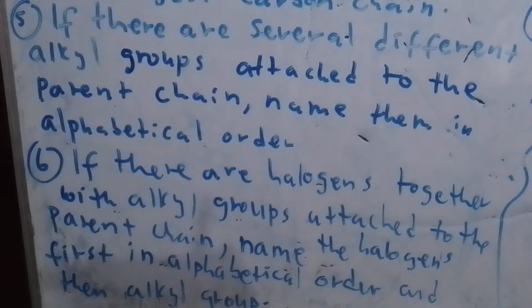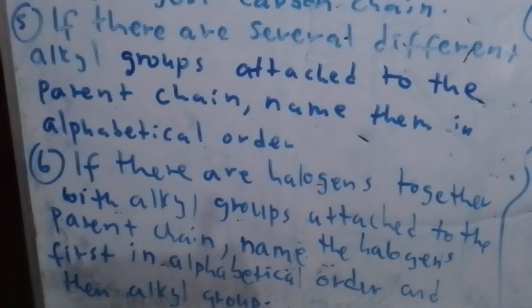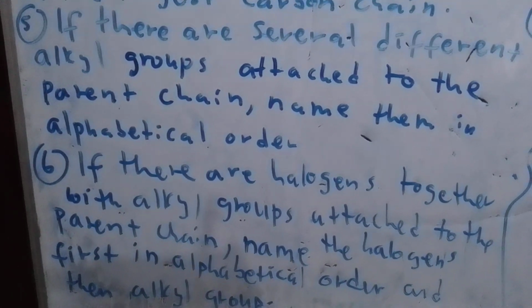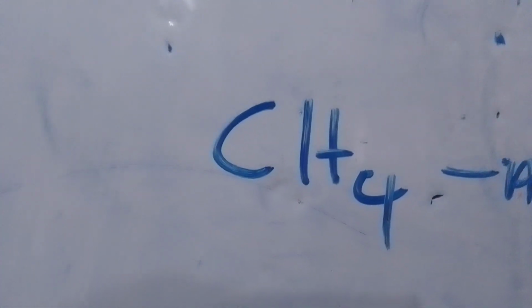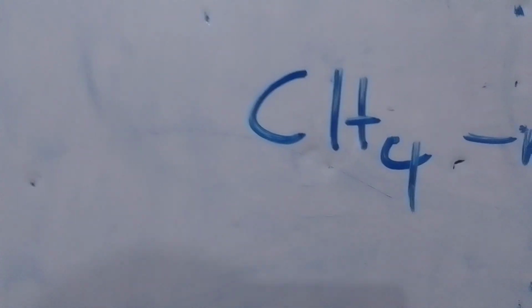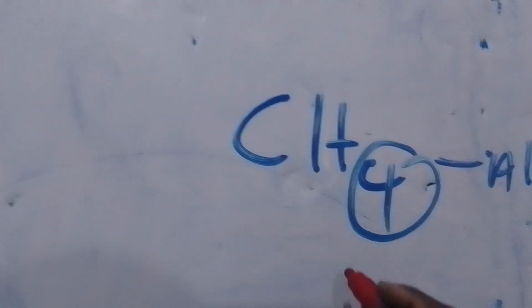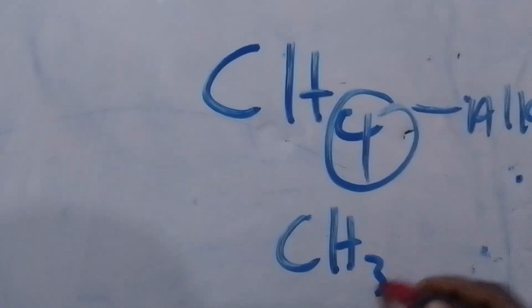Alkyl groups are those compounds that are gotten from alkane by the loss of one hydrogen atom. For example, if I have a compound like CH4, this is an alkane. But if I remove one hydrogen atom from this compound, it's no longer an alkane, it's an alkyl.